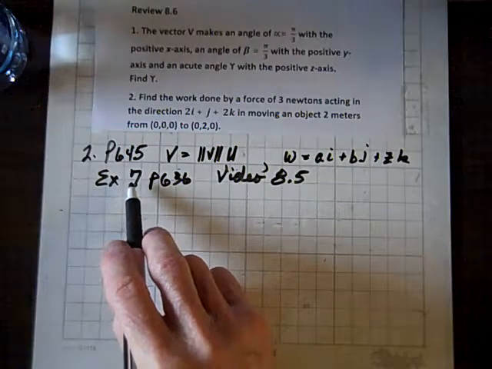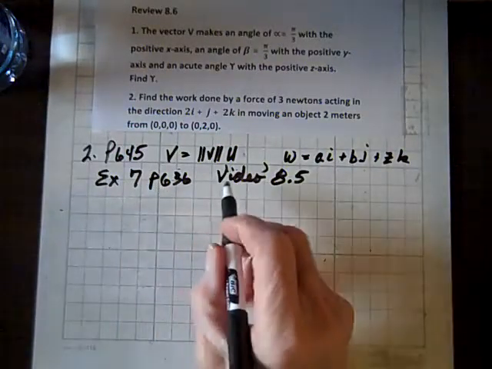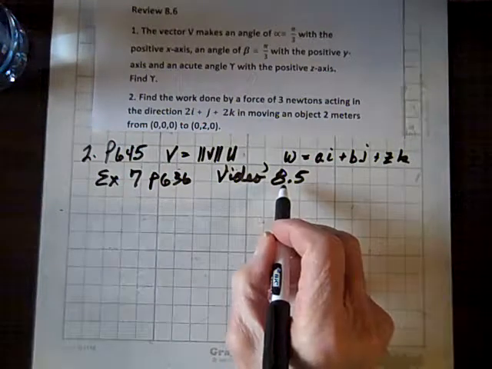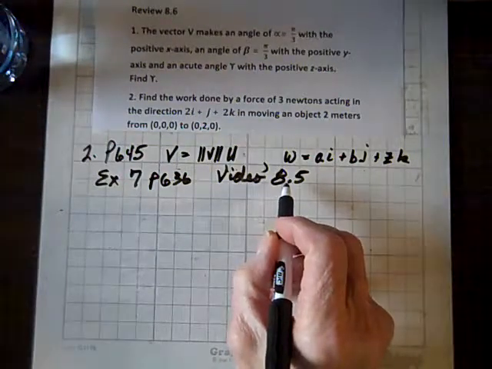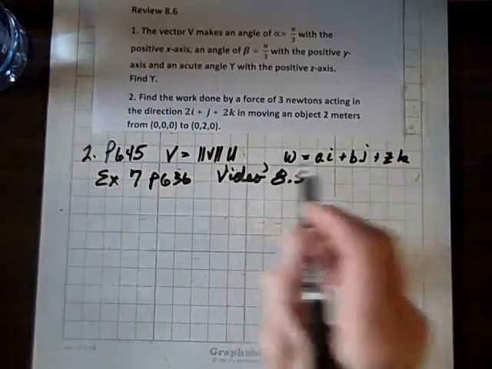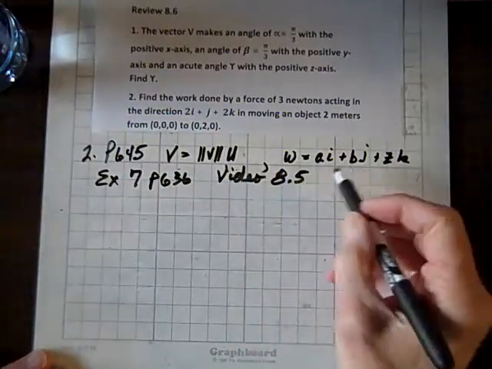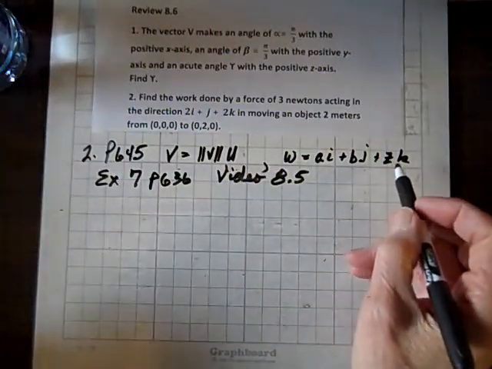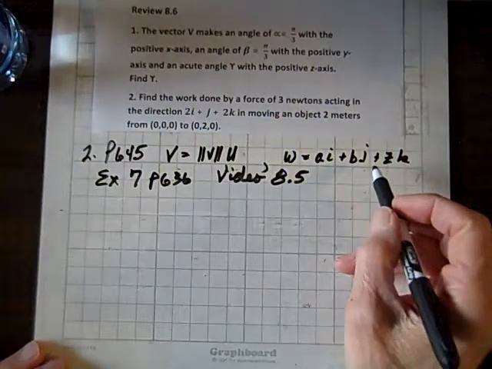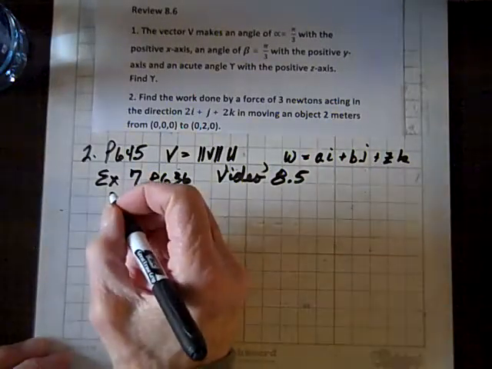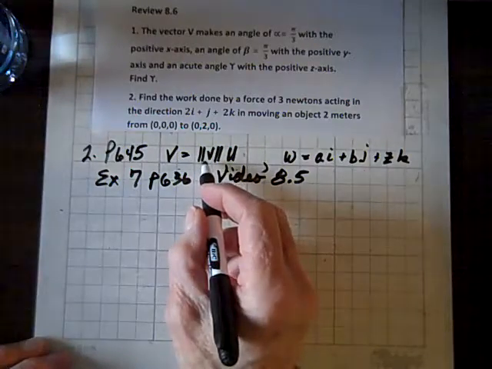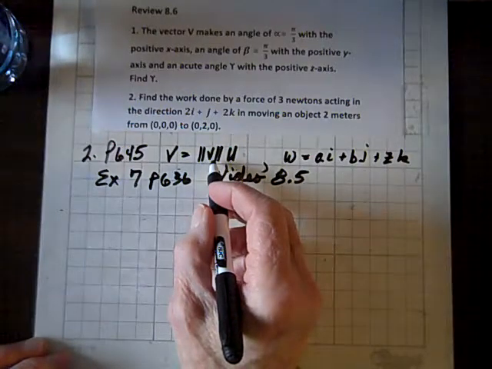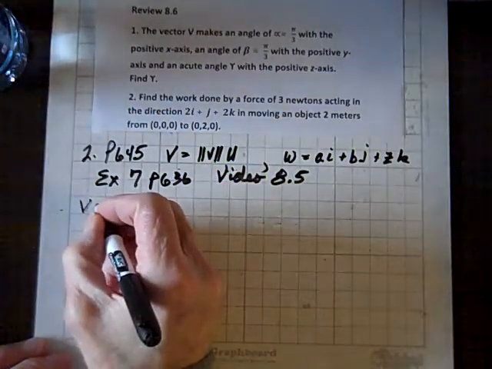That was example 7 on page 636, on a similar problem in the video for 8.5. So now we're using 3 dimensions, so that's the only difference between the 2 problems, other than a little different story.